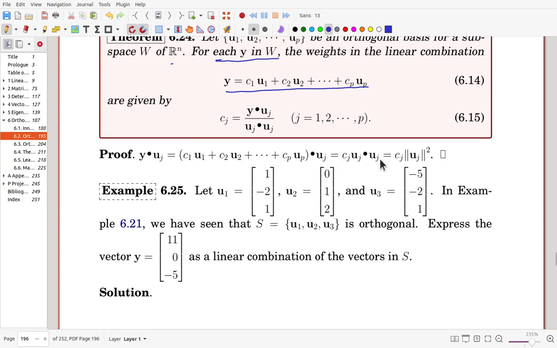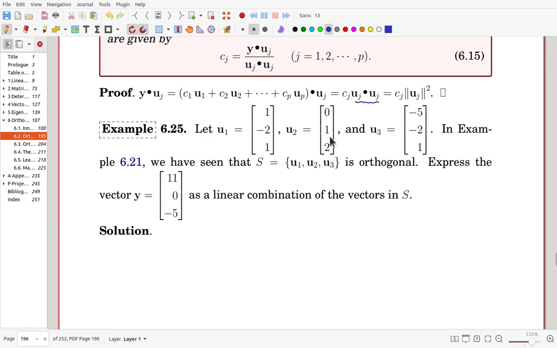So we have only this one, and from this Cj is decided quite easily. That is a non-zero quantity, so dividing by that quantity we decide Cj. So the proof is quite easy.